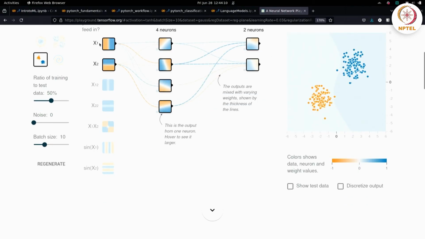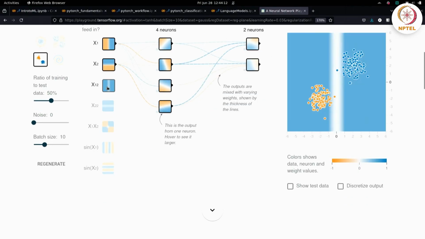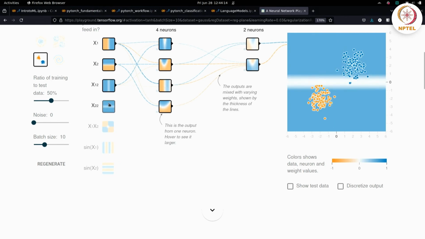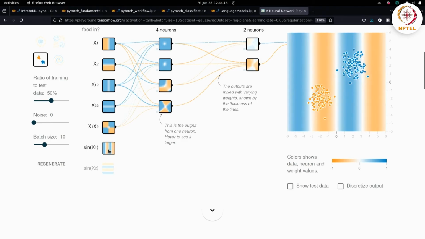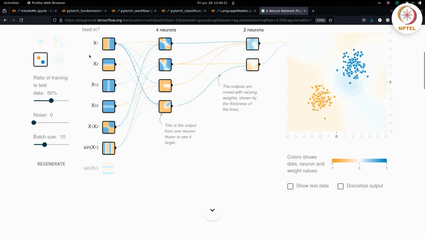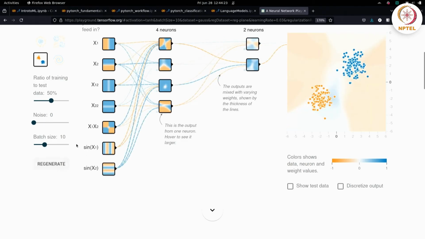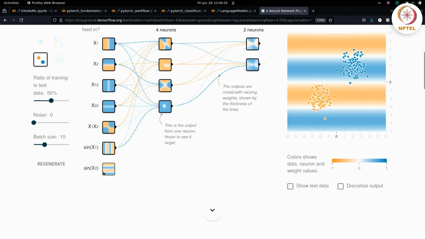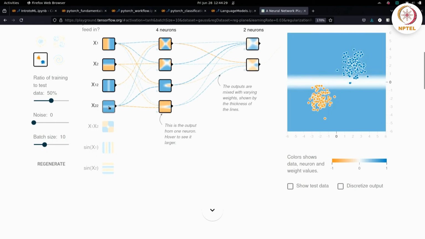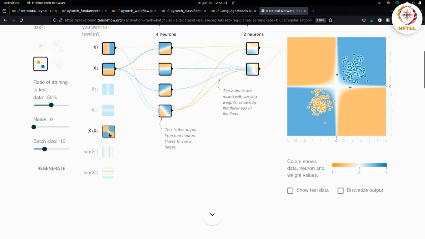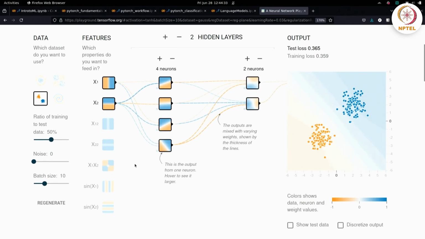Instead of just relying on x1 and x2, you can rely on a combination of them, x1 square or x2 square, or x1 multiplied by x2, or instead of plain x1, sinusoidal of x1 and sinusoidal of x2, right? So this is where you can engineer your features. Instead of just taking plain features, you are computing some variations of those input variables to understand if they can help you do a better classification.